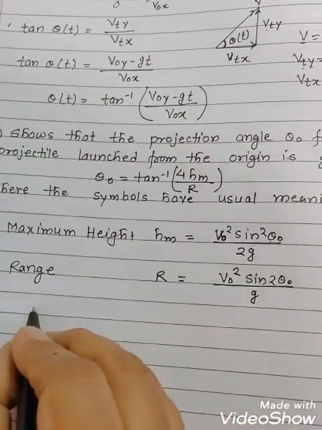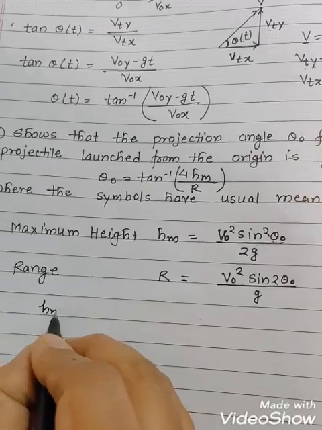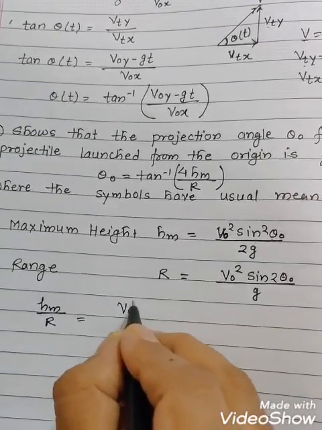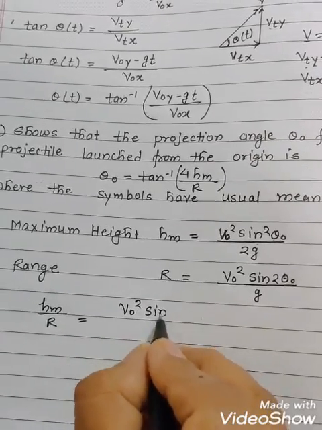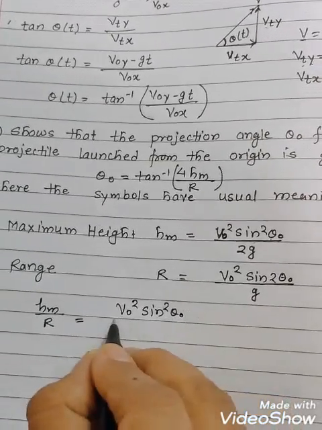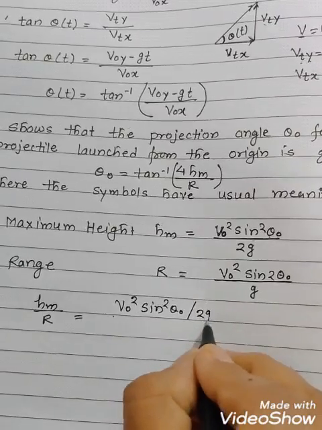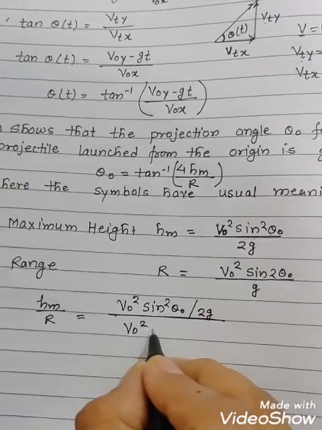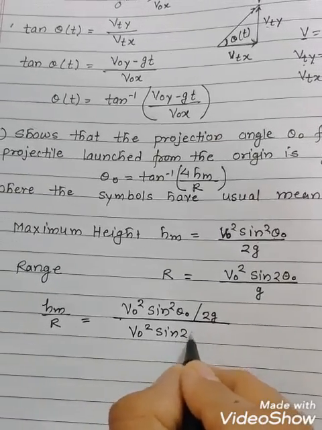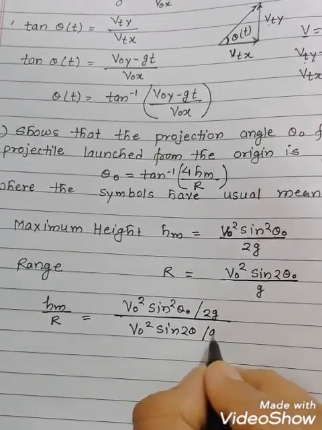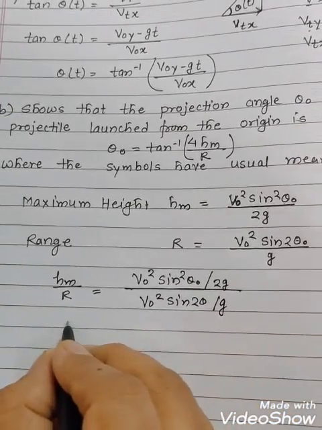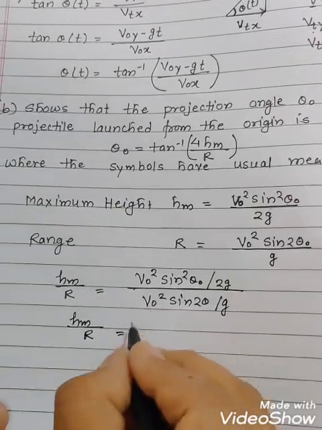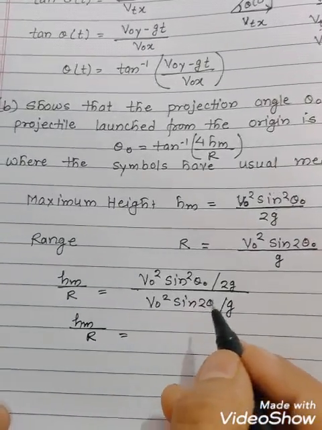Now we'll take the ratio of these two. So Hm upon R is v₀² sin²θ₀ upon 2g, upon v₀² sin 2θ₀ upon g. Now look at this: v₀² will be cancelled.